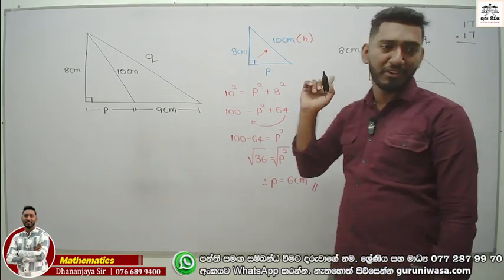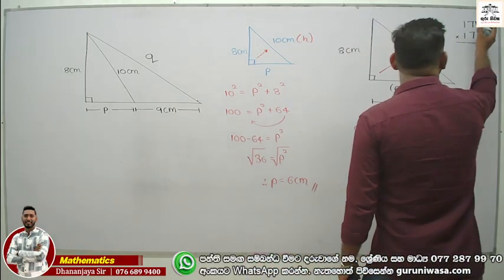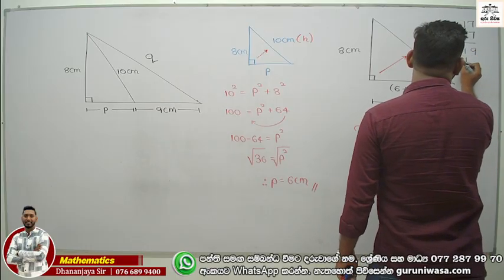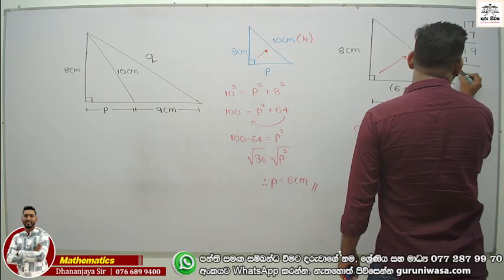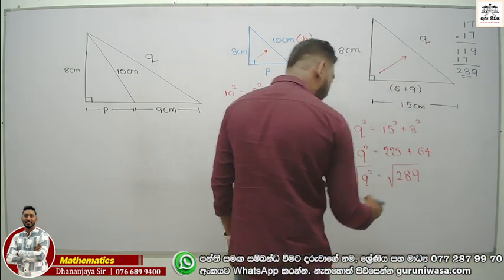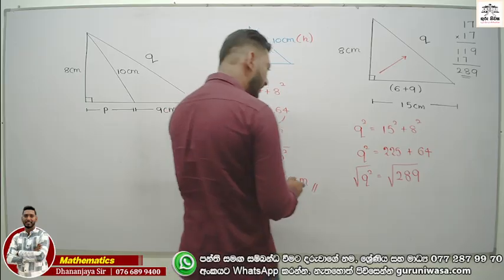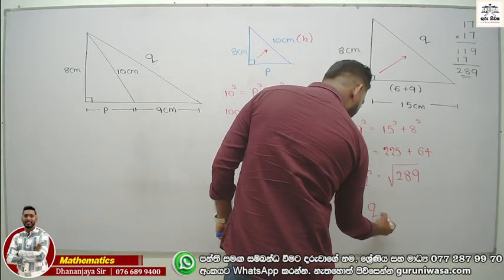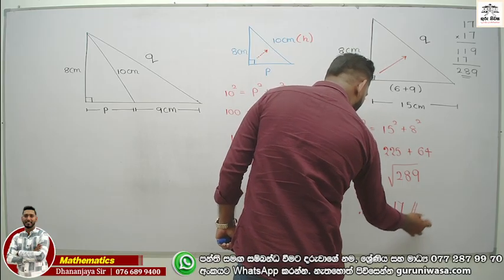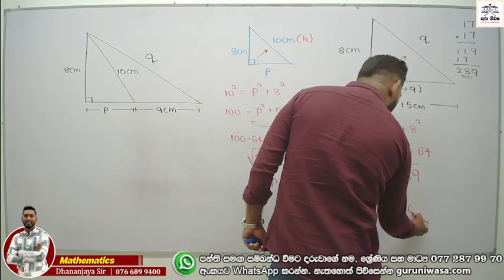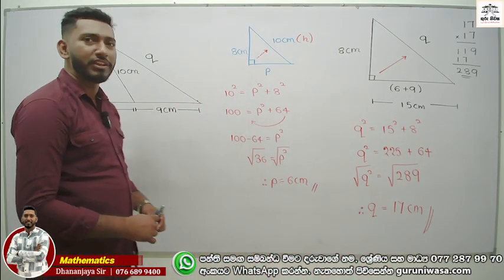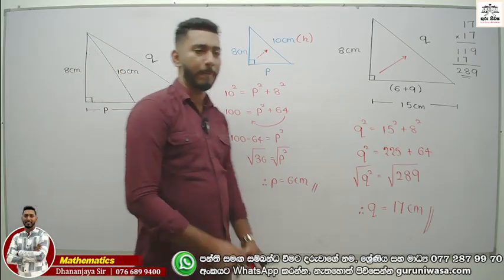Now look at this, 17 times 17. 7 times 7 is 49, 4 and carry 4, and 11, and the 1 and 7. Now this one is 289. Yes or no? Therefore, the square root of 289 becomes 17. Son, you should memorize this, at least up to 400. That means 20 squared is 400. Right?